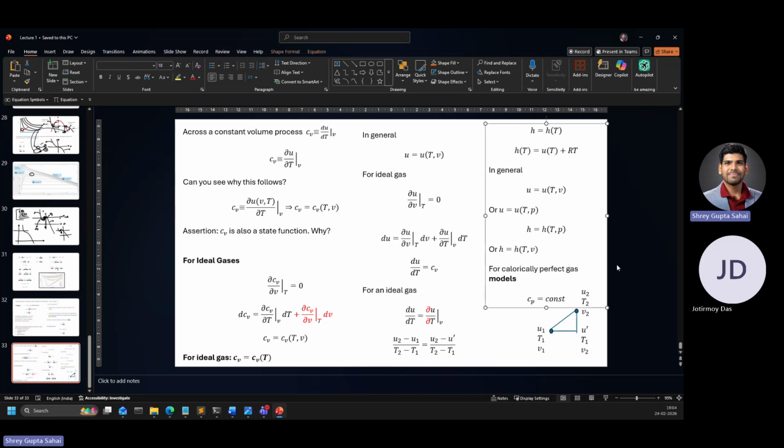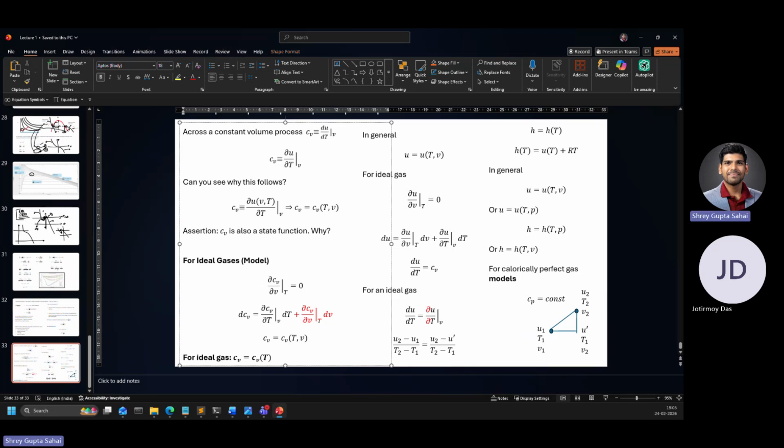We are modeling the gas. If we assume Cp to be constant, then it becomes a model. You are modeling Cp to be roughly constant. You understand? Similarly, even ideal gas is a model.